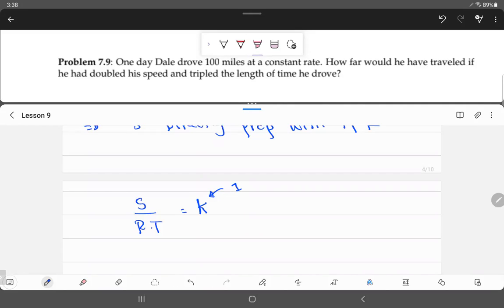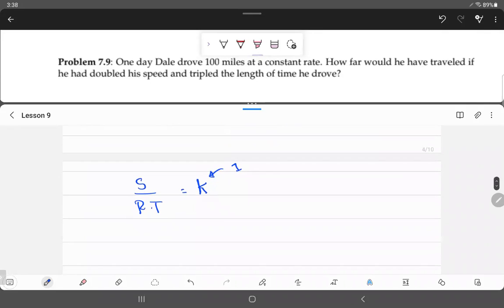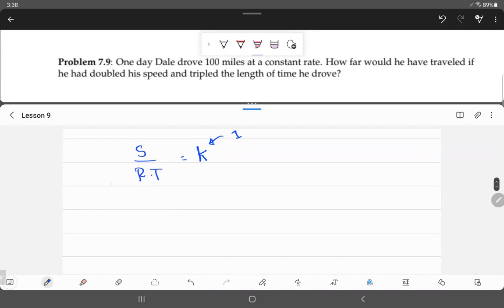So it's constant, actually. Again, we're going to do the same thing as we did before. If I give you S1, R1, T1, then S1 over R1 times T1 is going to be K all the time.